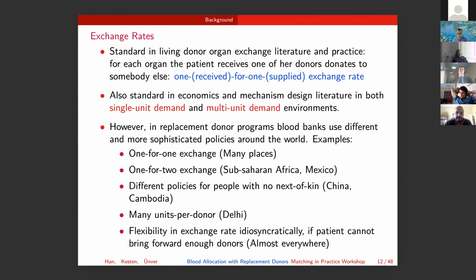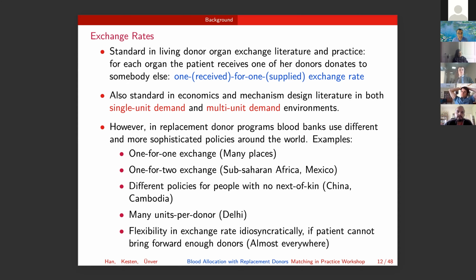However, in the replacement donor programs, blood banks use different or more sophisticated policies around the world. For example, yes, 1 for 1 is used, but in sub-Saharan Africa and Mexico, we have 1 for 2 exchange, where, for example, Mexico almost entirely relies on replacement donors to supply its blood supply.